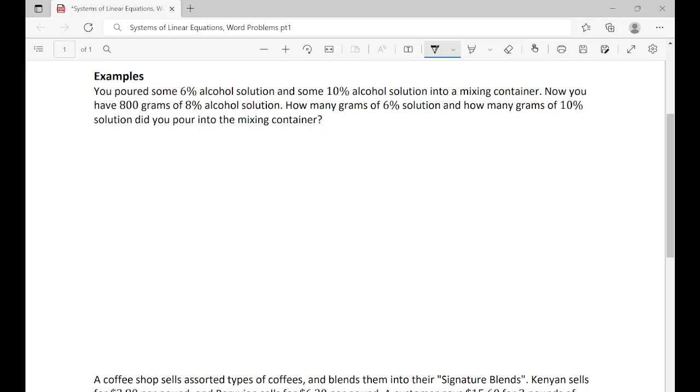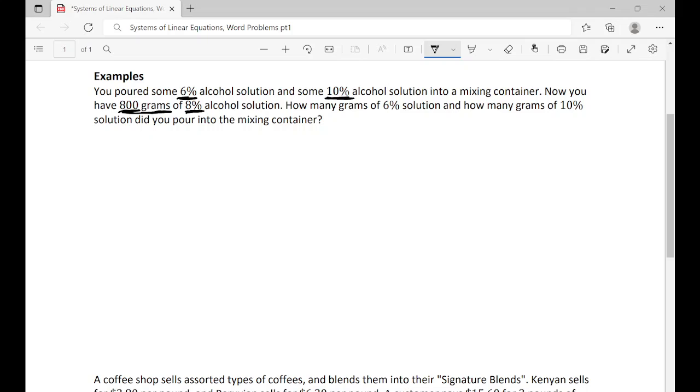So first off, I see that I have some 6% solution and some 10% solution. When I mix them together, I get 800 grams of 8% solution. So these are the facts that I know. You need to let X and Y stand for your unknowns.